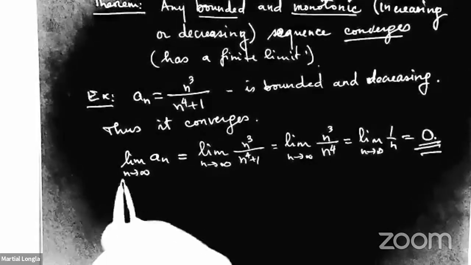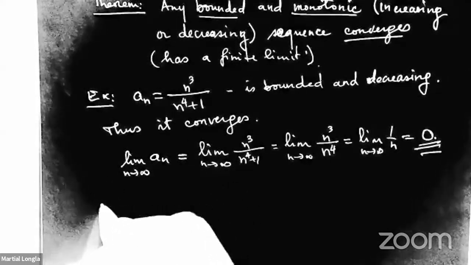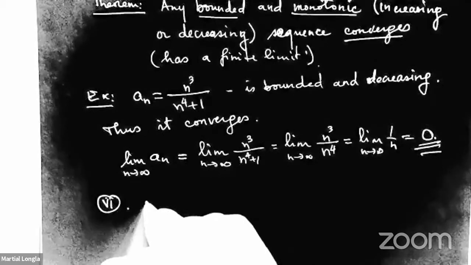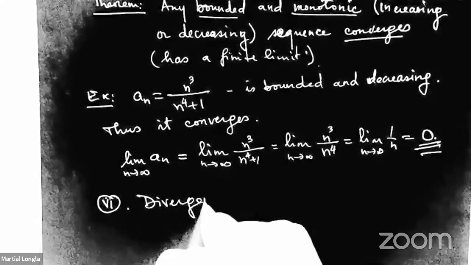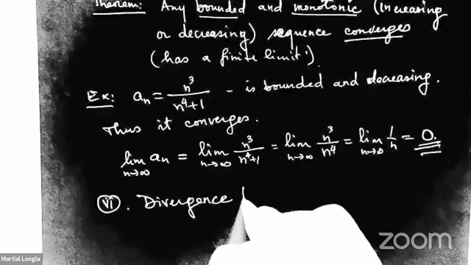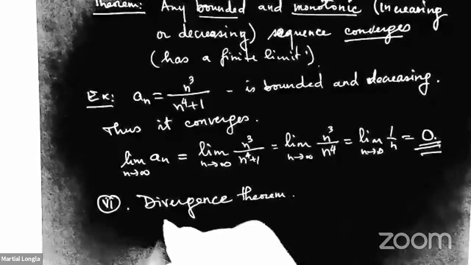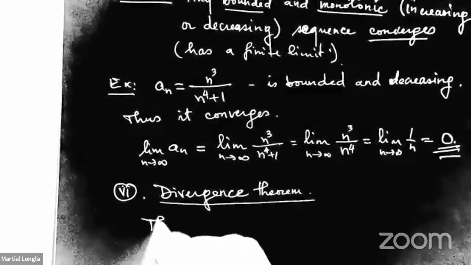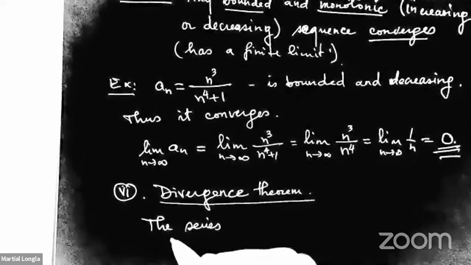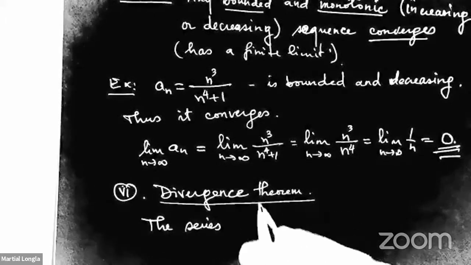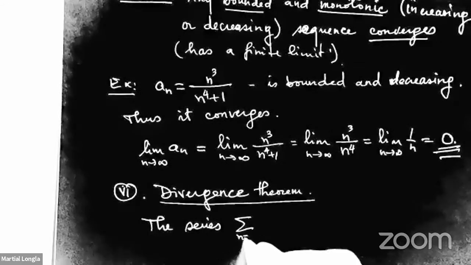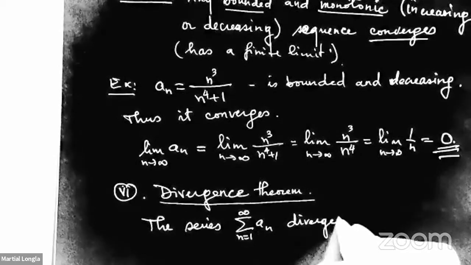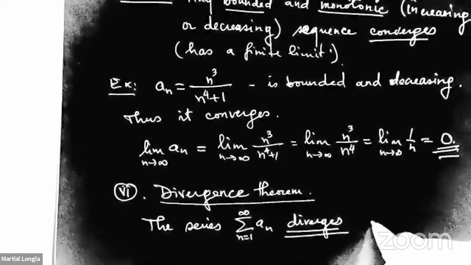Well, the last thing today is going into the series. Divergence theorem. So the series is the easiest of the theorems that you have for series. Sum n from 1 to infinity a_n diverges, and it's always used to decide that the series diverges.